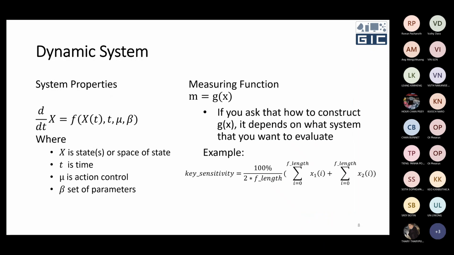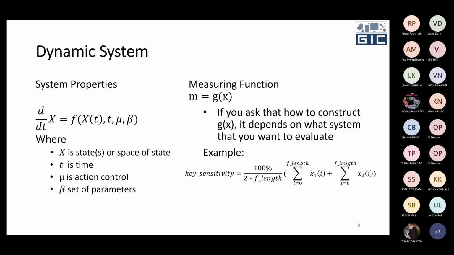So in our dynamic system, the system has its properties. In this case, we have x as a state, t as time, mu as an action of control, and beta as a kind of parameter.